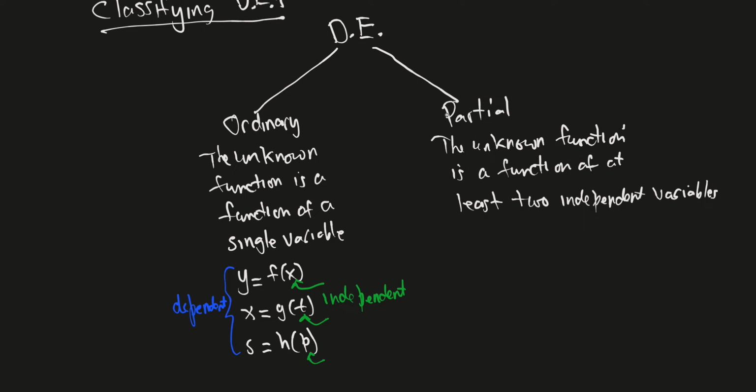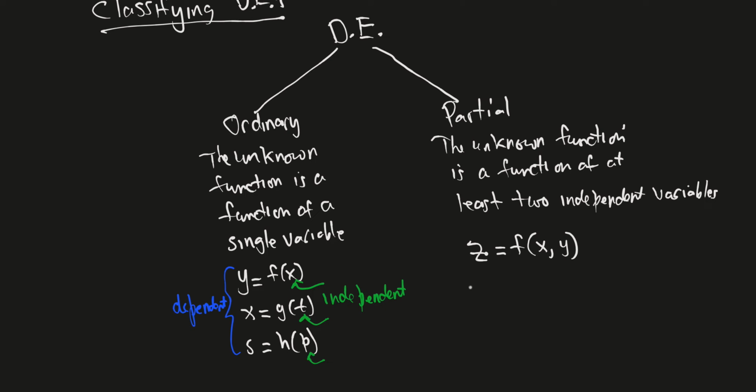In this course, we're just going to focus on the ordinary ones, right? But even within the ordinary, there are lots of other ways of classifying, and we're going to look at those shortly. But in a partial differential equation, you might have something like this, where z is a function of x and y, right?